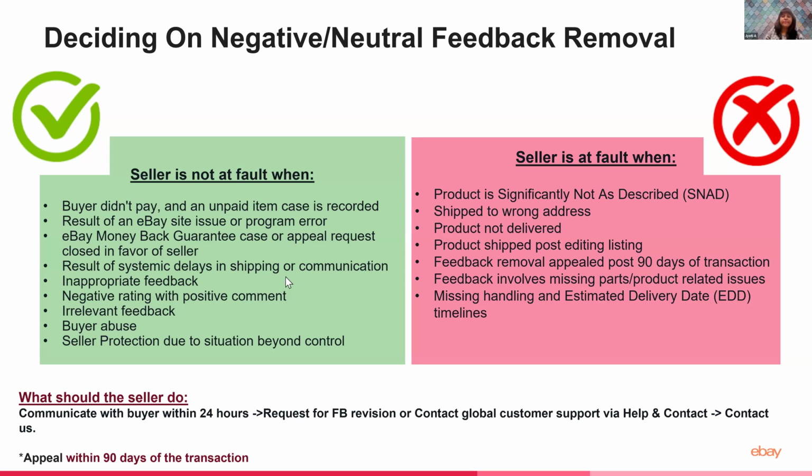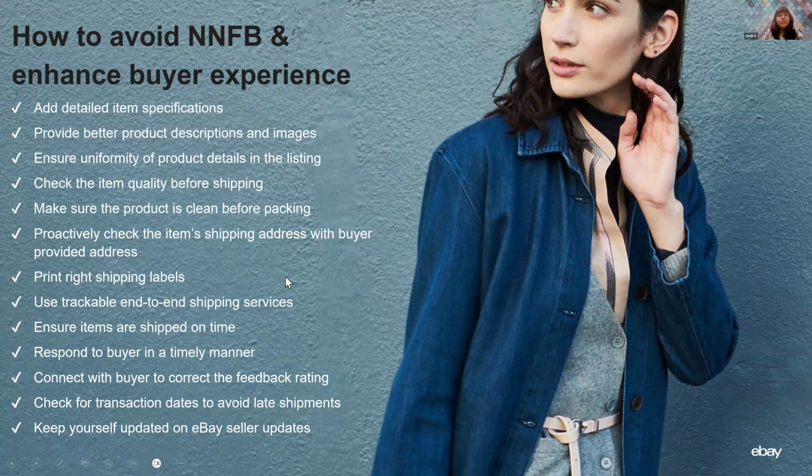So coming to the best practices, how should you be avoiding any kind of a negative neutral feedback, that is NNFP, and how you should be enhancing your buyer experience. First and foremost, please ensure that you're adding detailed item descriptions and specifications to avoid any ambiguity to your buyer about the product.